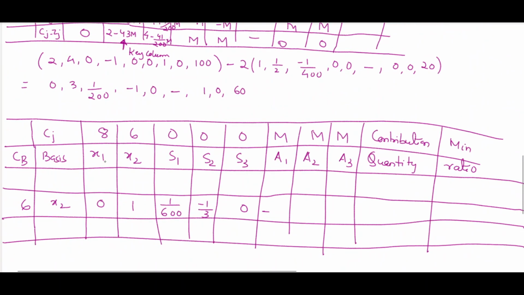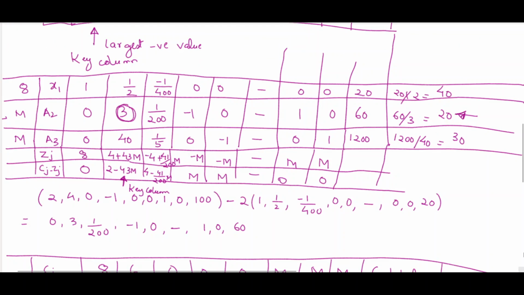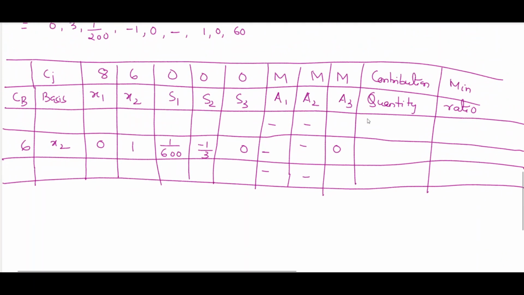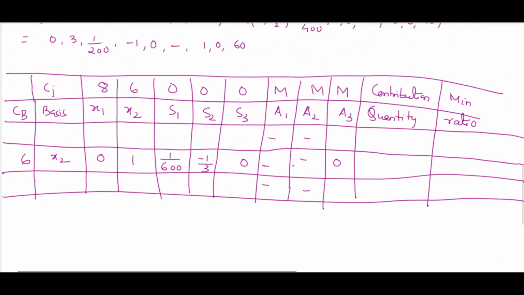So both a1 and a2 will be completely dash for all the columns. Only a3 will remain, and a3 will be your 0. And for contribution quantity, for a2 it was your 60, and 60 divided by 3, so it will be now your 20. So here it is your contribution quantity 20.